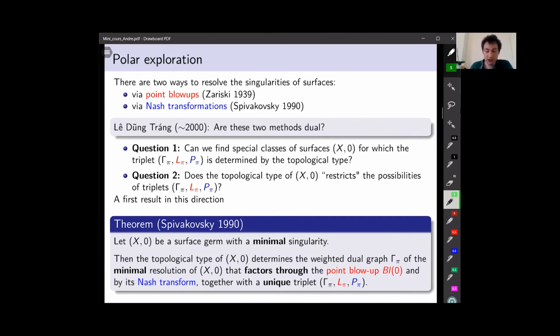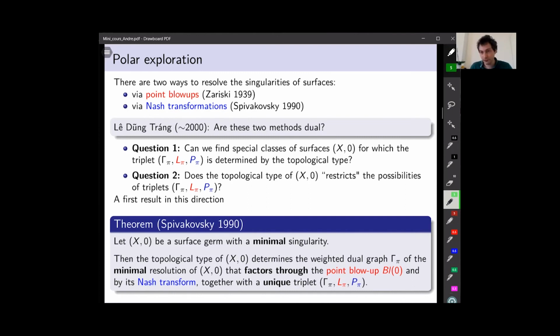One of them Anne already talked about in her talk: can we find special classes of surfaces for which the triplet is determined by the topological type? And the second one: does the topological type at least restrict the possibilities for these triplets? Can we via the topology have some bound or more information about this triplet, and therefore about the relationship between L and P?